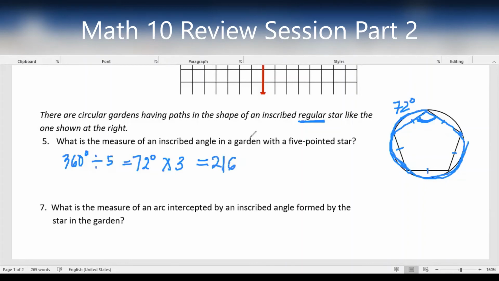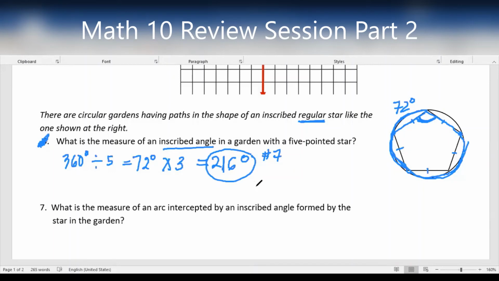216. Wait, sige, balikan natin yung sagot natin. 216 is for the intercepted arc. So this is number ano to? Wait, mali na yata yung numbering ko, no? For the first question, what is the measure of the inscribed angle? We need first the 3 arcs. Ito yung 3 arcs. Ito yung number 7, I think. This is number 7, ah. And for number 6 yan. Biglang nabago lang nung nag-ano ko.